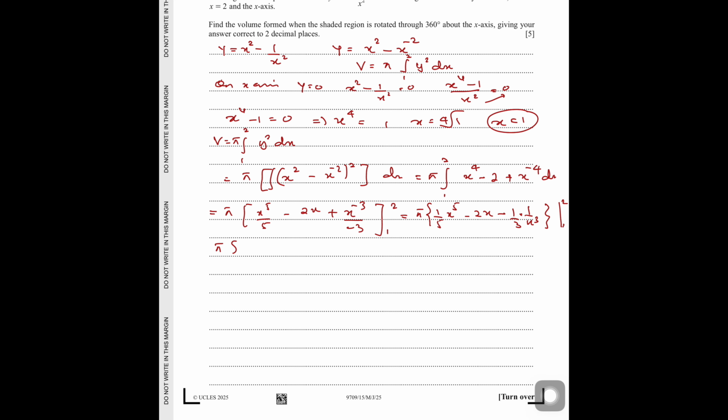So pi, 1 over 5, 2 to the power 5 minus 1 to the power 5, 2 times 2 minus 1, 1 over 3, 1 over 2 cubed minus 1 over 1 cubed. So this is pi, 1 over 5 times 31 minus 2 times 1 minus 1 over 3, and that is negative 7 over 8.